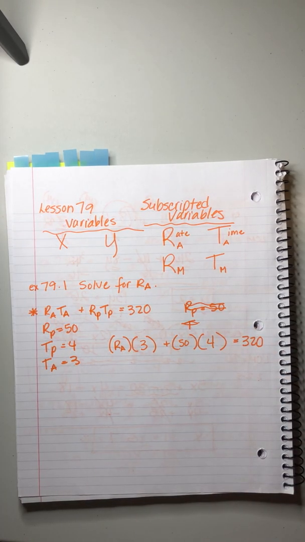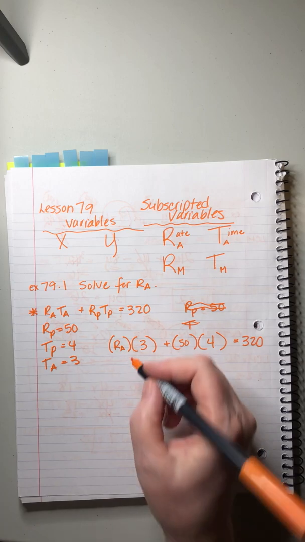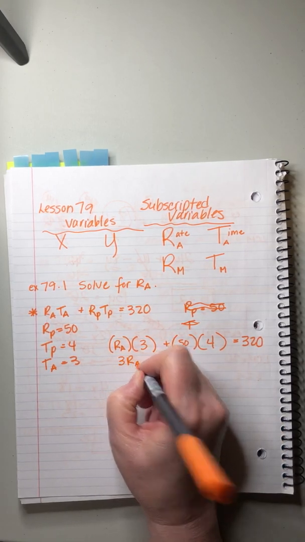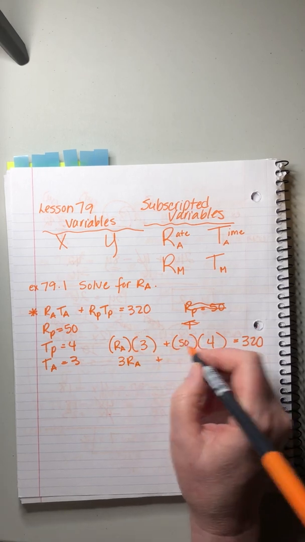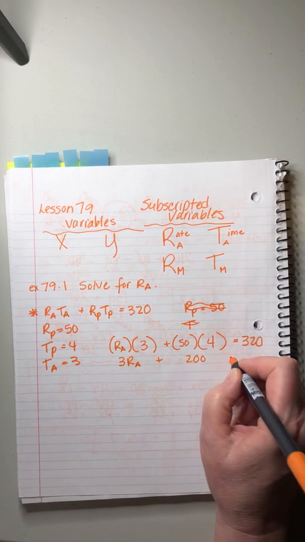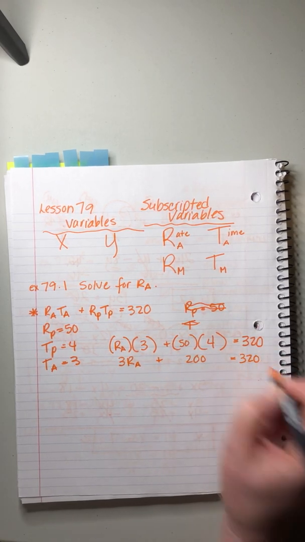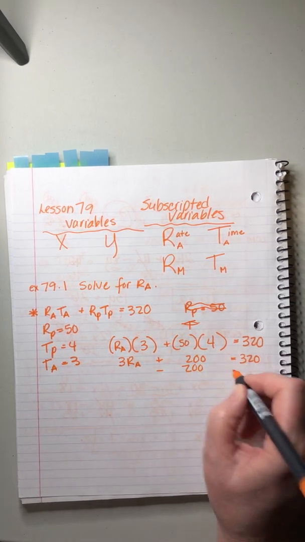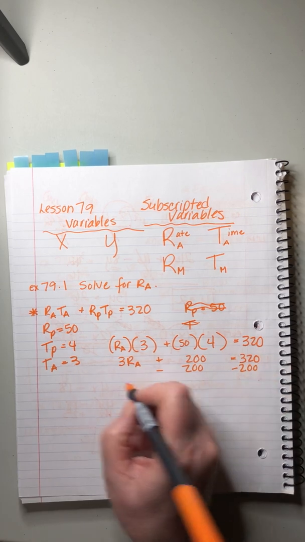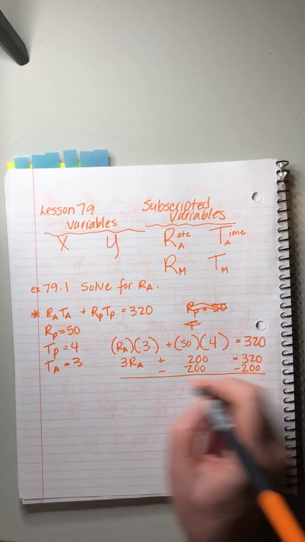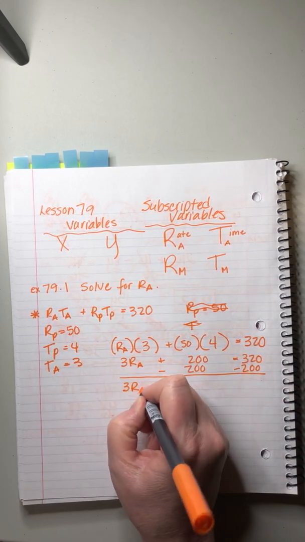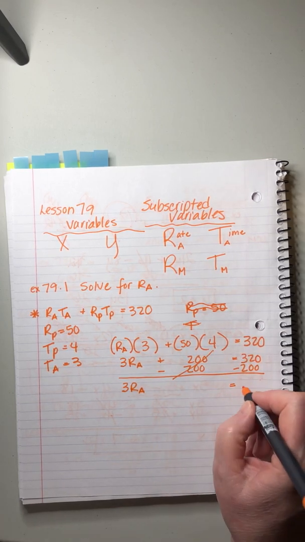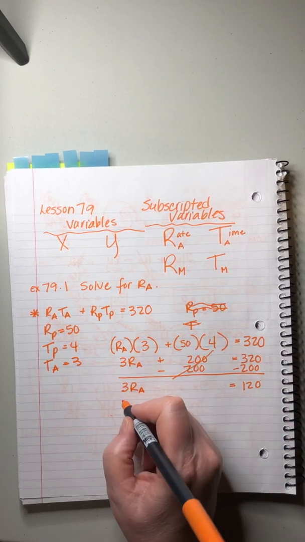Now we simply solve. So I like to see the number in front of the letter, and I bet you do too. 3RA plus, that's 200, equals 320. Subtract 200, right? 3RA, that's gone, equals 120.